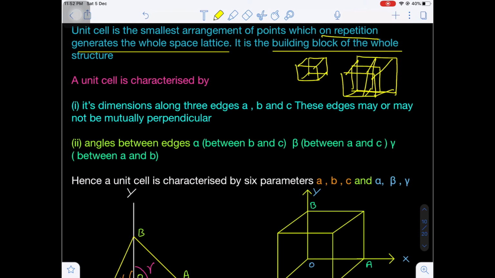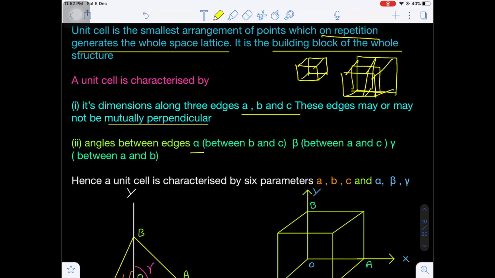A unit cell can be characterized by its dimensions. Along the edges, the lengths a, b, c along the three axes, and these edges may or may not be mutually perpendicular to each other. Number two, the angles between the edges.